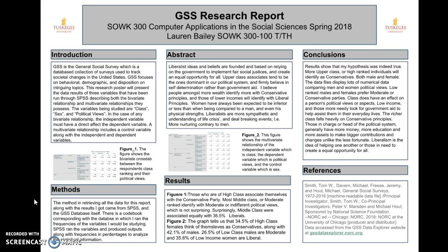The three variables in my case are class, sex, and political views. In a bivariate relationship, the independent variable must have a direct effect on the dependent variable, and the multivariate relationship must be the same thing. The independent variable affects the dependent variable, including a control variable for the two.